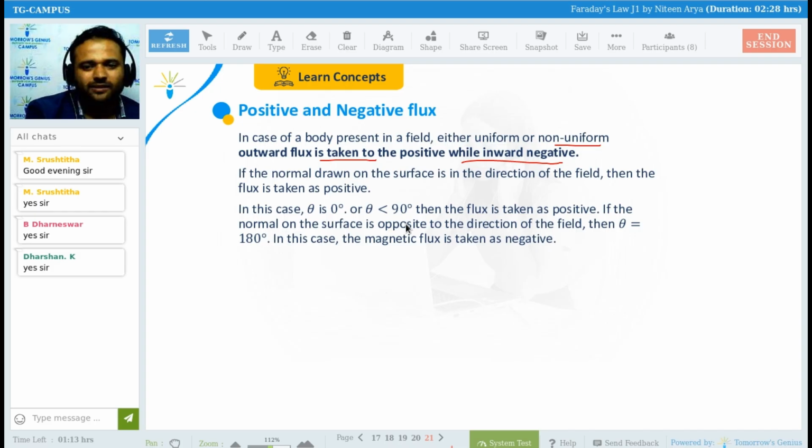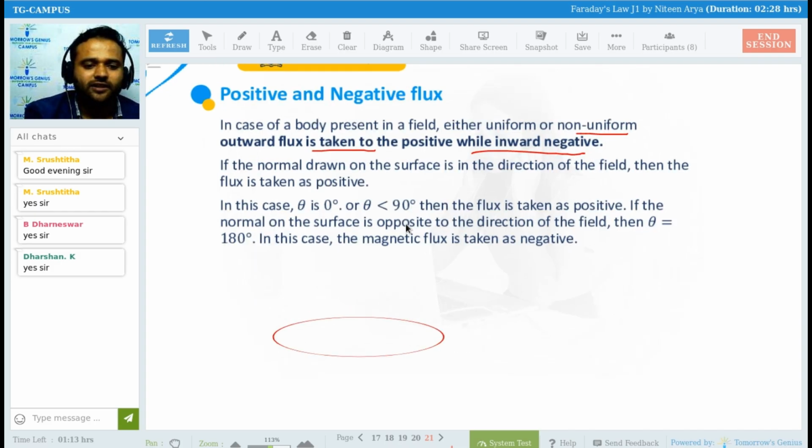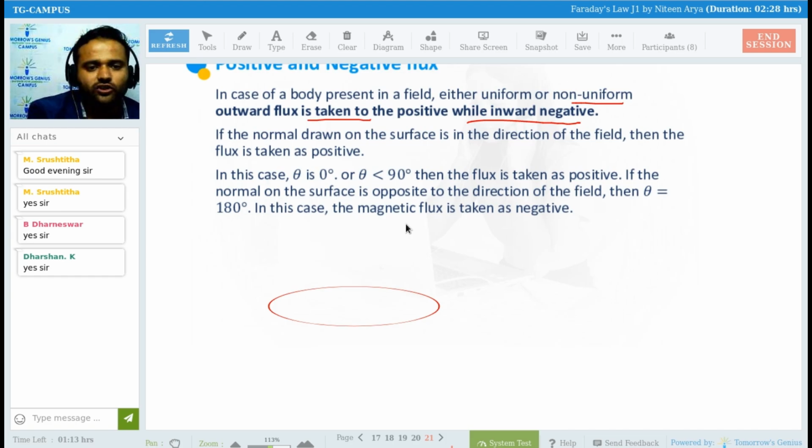What is the meaning of saying that? Suppose this is your area, a ring in general. In this particular ring, I move my magnet in this way.